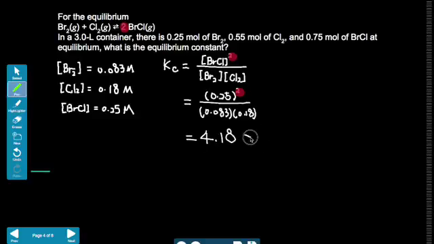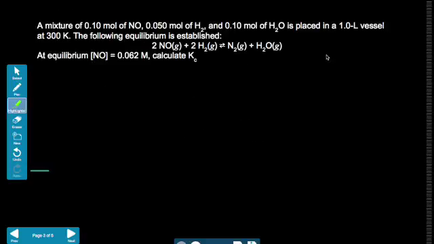And because the equilibrium constant is greater than 1, we know that there's more products than reactants. However, not all problems are as easy as this one. Most equilibrium problems you'll see only give you initial and equilibrium concentrations. So now let's take a look at one of these problems.